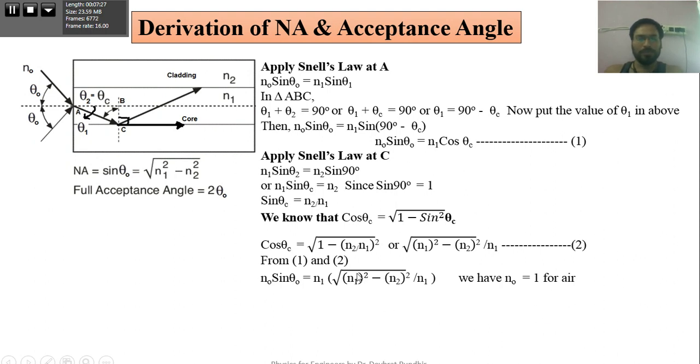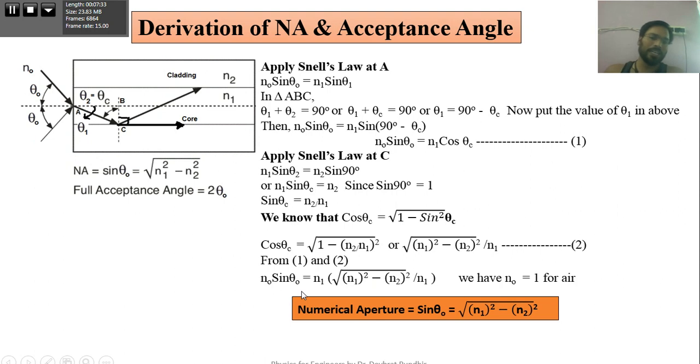You put this value here, so this becomes n1, and now n1 will be cancelled out. So the final expression for the numerical aperture, that is the desired result of this derivation, becomes sin θ0 = √(n1² − n2²), because n0 is 1 for air.